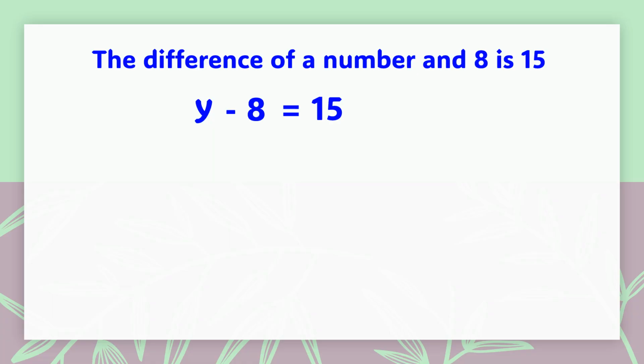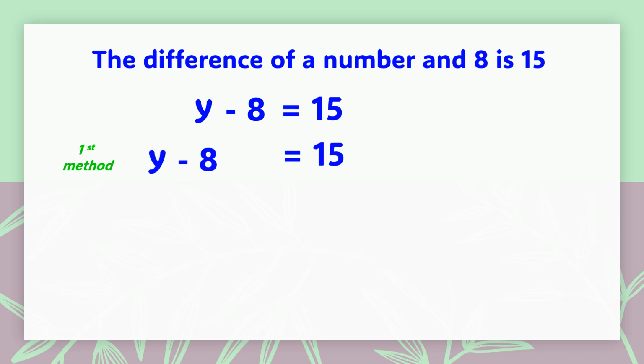Y minus 8 is on the left hand side. 15 is on the right hand side. Y is the variable. Minus 8 is the constant. And we have to apply the opposite operation.